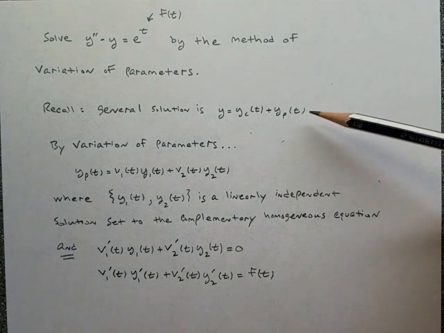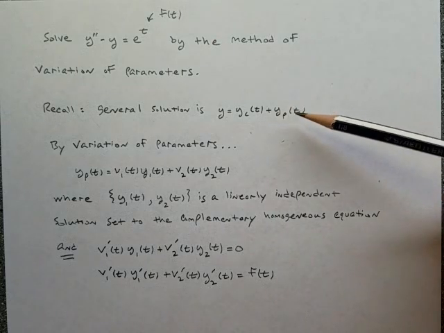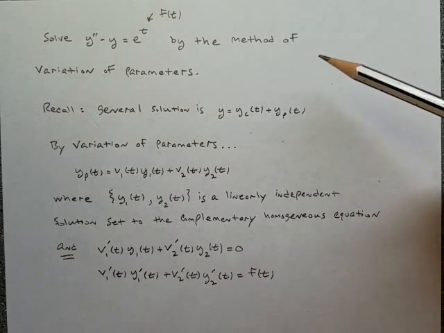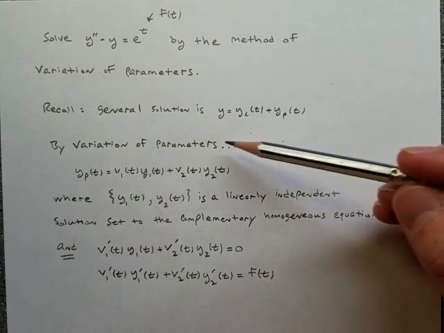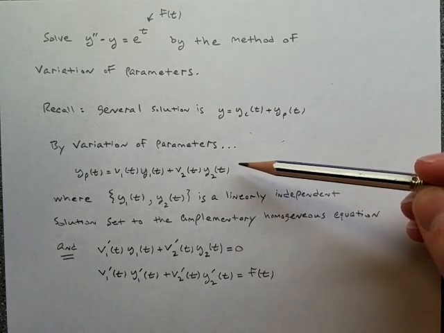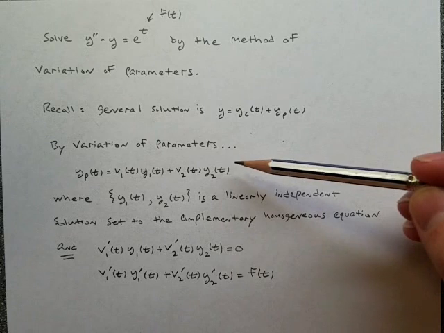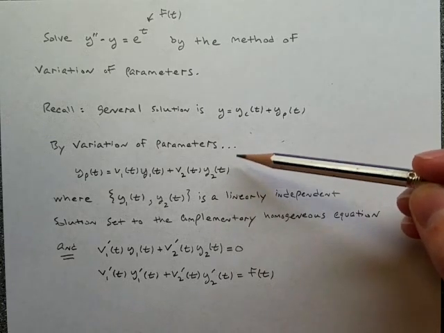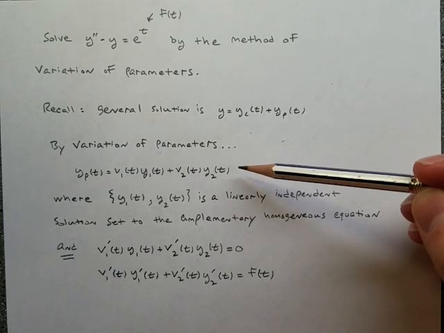We can find that, like I said, by undetermined coefficients, which we have already done in another video. But variation of parameters would give it to us this way. And you'll have to just take that formula at face value. I'm not going to explain where that comes from in this video, but that's what it is, okay?